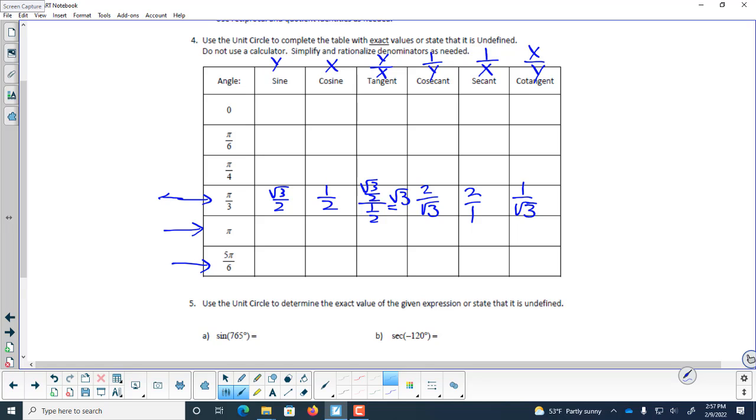Okay. How do you do that? Oh, I have to think. Well, this one should be sine over cosine, so this over this.